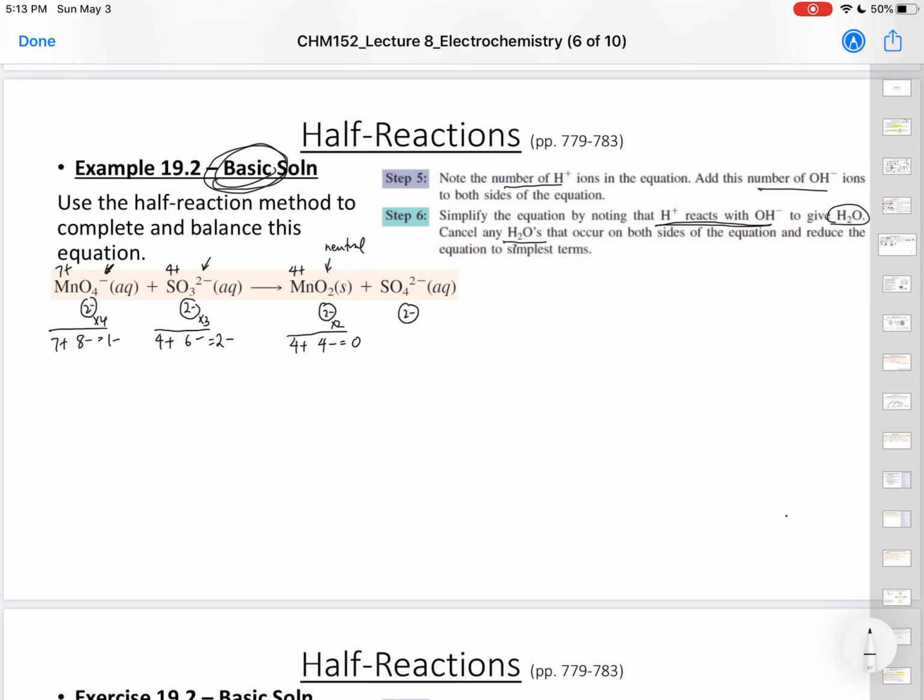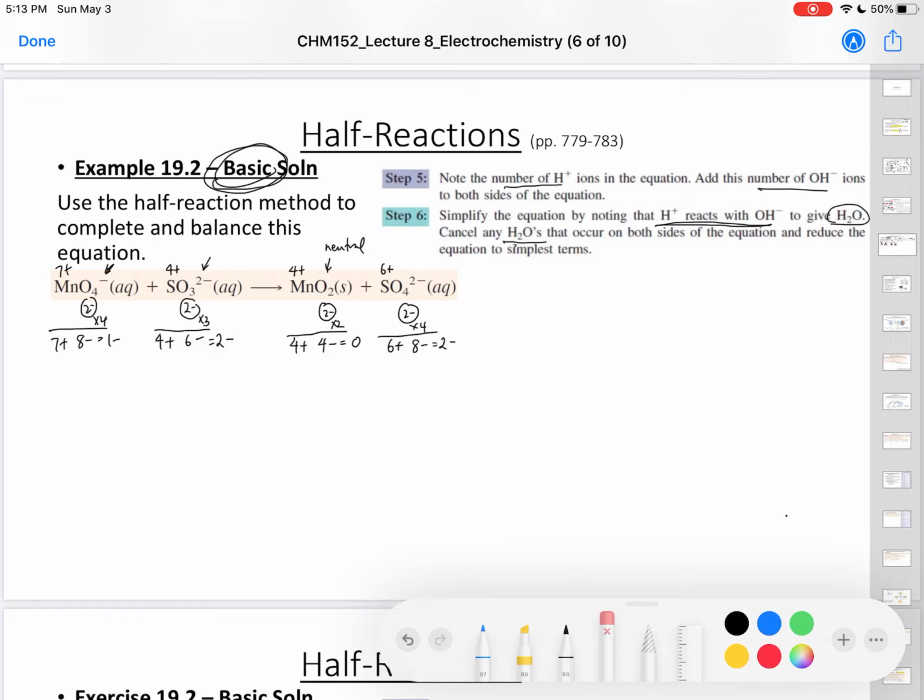And last but not least, this oxygen is 2 minus times 4, which is 8 minus. It gives us 2 minus overall, and therefore this must be, let's think about it, 8 minus 2, so this must be 6 plus.